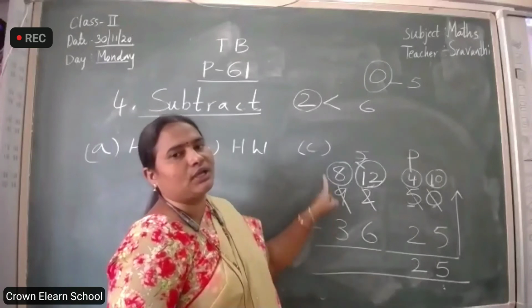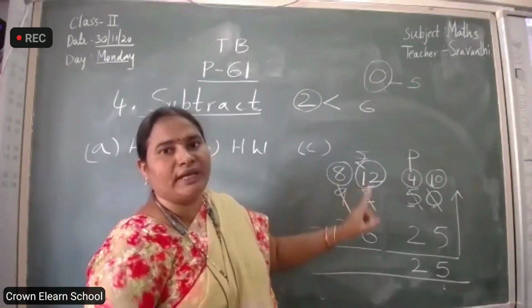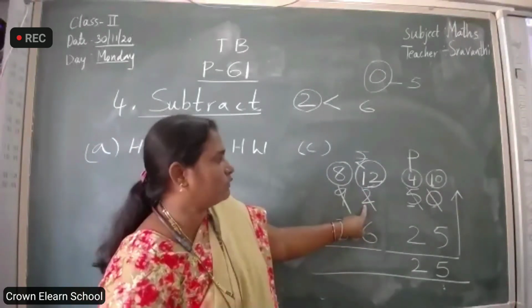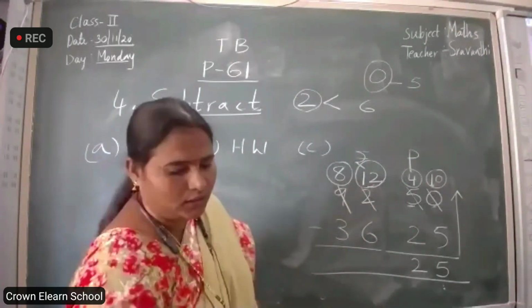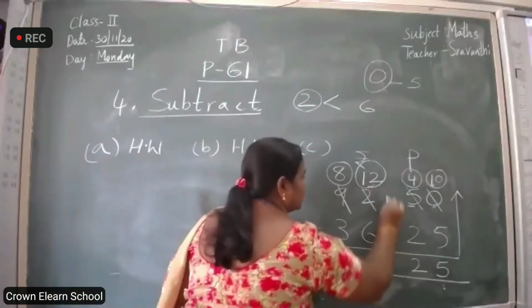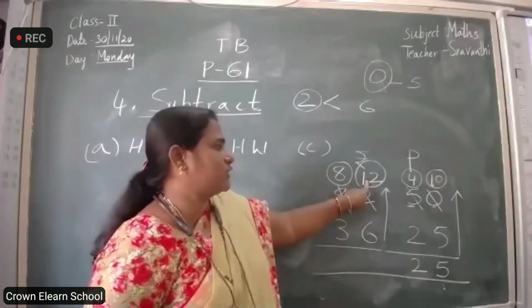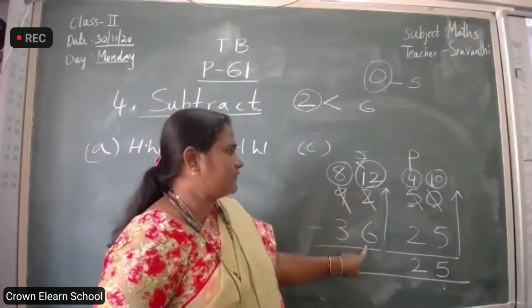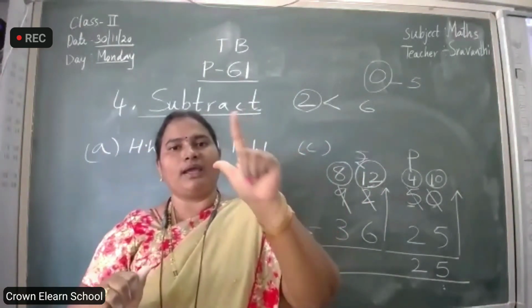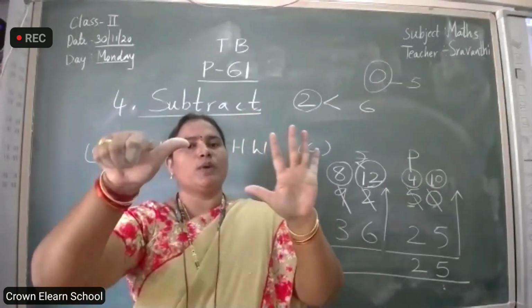So you need not see 2. You have to see 12. Okay? Close all fingers. 6 after till you get 12. 6 after. Close your fingers. 7, 8, 9, 10, 11, 12.